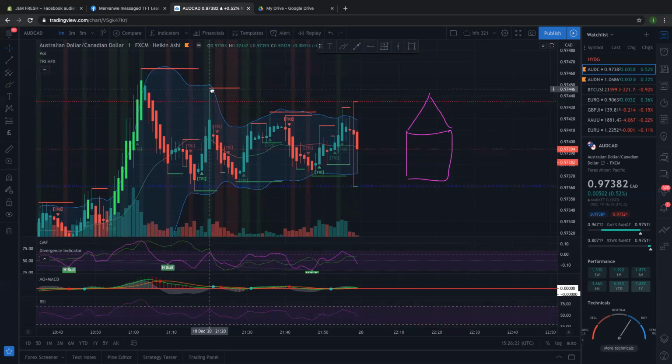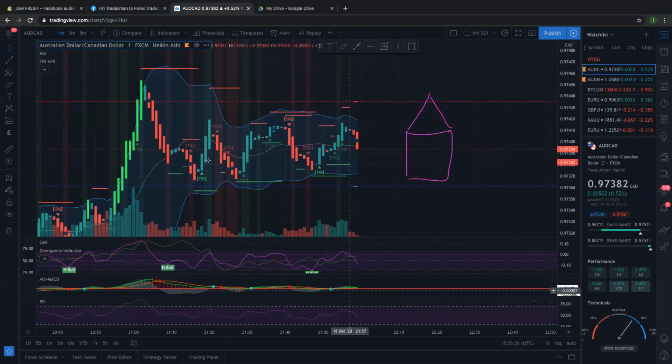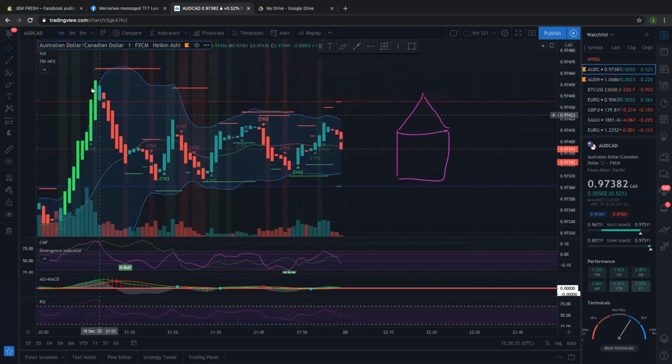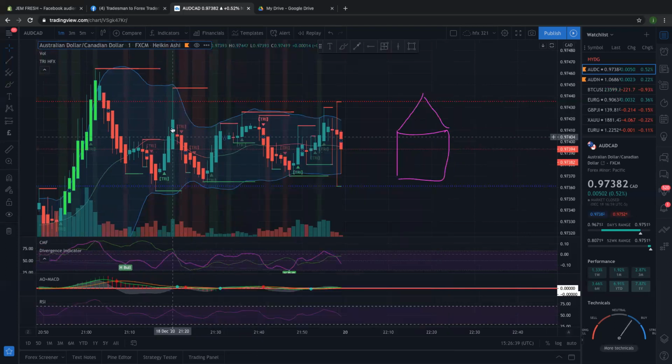A lot of traders will tell you to ignore the wicks because they're just noise, but you can't take the wick off. If you just looked at the candles, it looks pretty smooth. But if you put the wicks back on, they do help, and they show you, like you just said, people are trying to push upwards but it's failed. It's hit the resistance here, and a lot more people are selling the market, hence it's been pushed down.